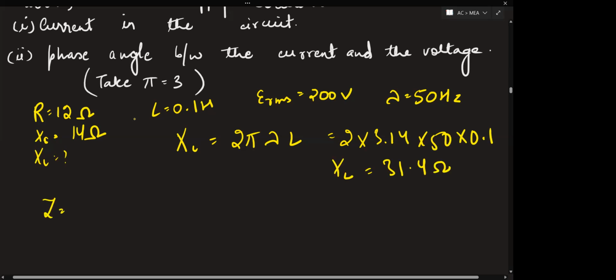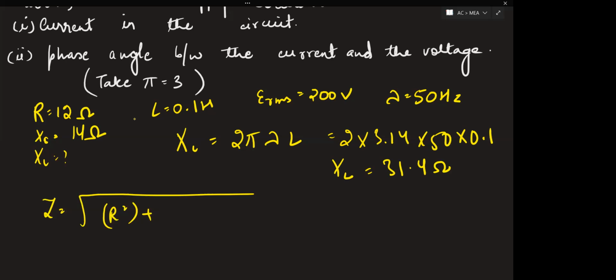Now Z will be equal to what? Under root R square plus, which is greater? XL is greater, no? So we use XL minus XC whole square. So you have 31.4 minus 14, okay, so that becomes 17.4.